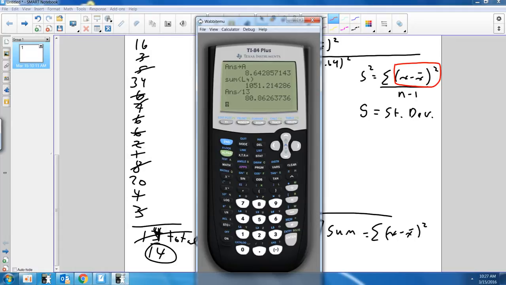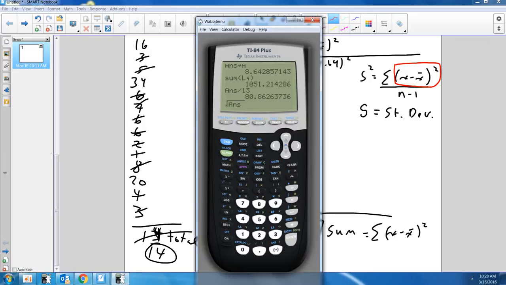So when I take the square root, it's going to be the square root of the answer. Answer is the negative button, so it's going to be second negative button. I'm not approximating anywhere in the problem. My mean's not approximated. None of my numbers are approximated.